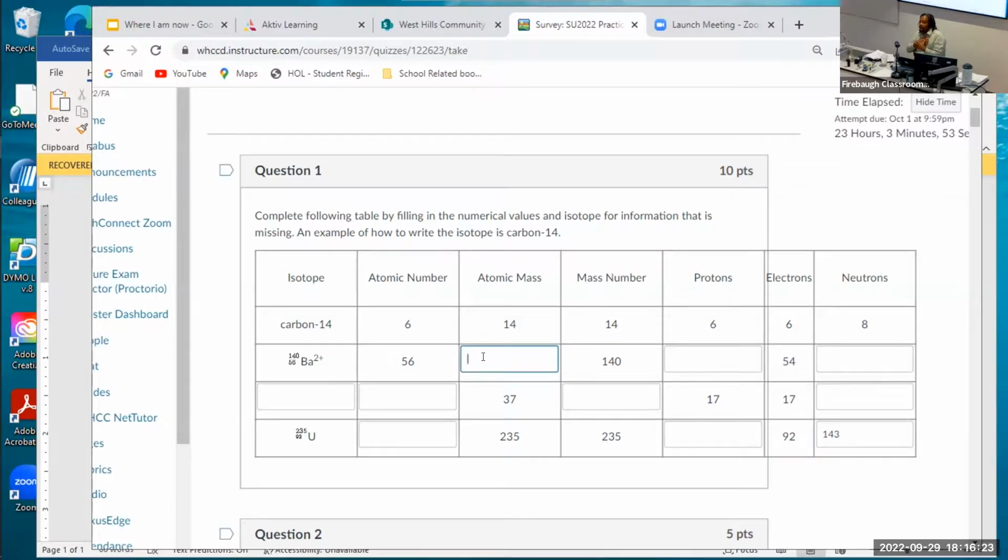So if we have an element that is on the periodic table, you're going to use the atomic number that's there on the periodic table. And that's if it is not an isotope. If it is an isotope, it won't just be the average of an element on the periodic table.